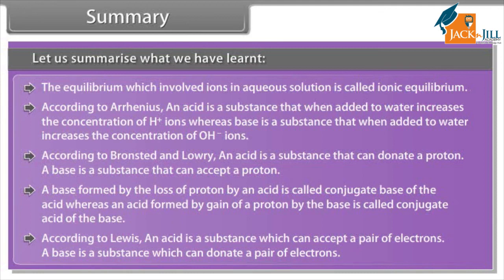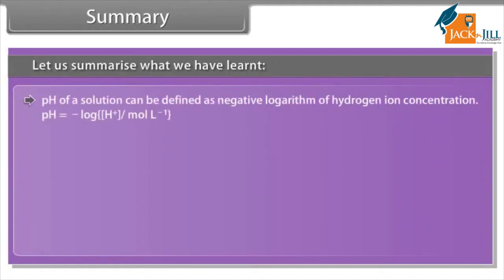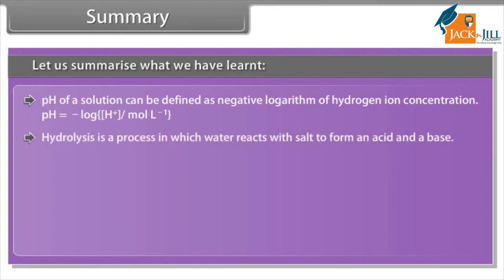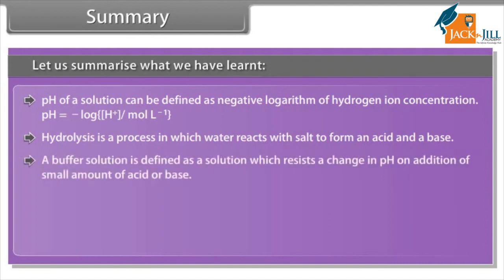A base is a substance which can donate a pair of electrons. pH of a solution can be defined as the negative logarithm of hydrogen ion concentration. Hydrolysis is a process in which water reacts with salt to form an acid and a base. A buffer solution is defined as a solution which resists a change in pH on addition of a small amount of acid or base.